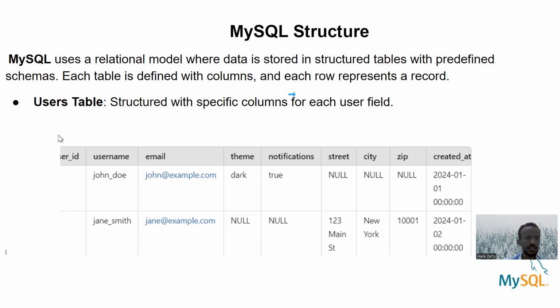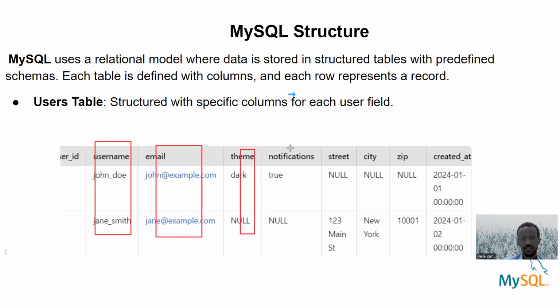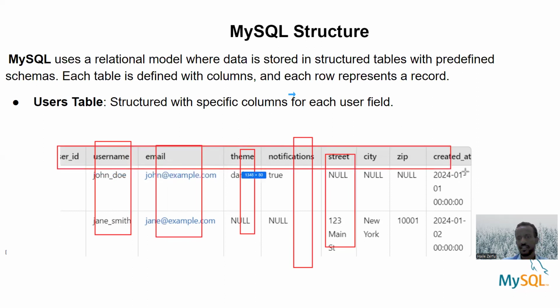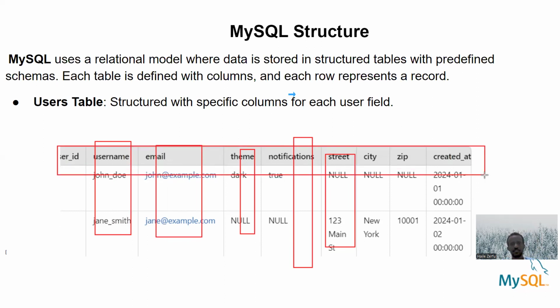It puts it in the form of tables. This is one row, this is another row, but this is a predefined structure.